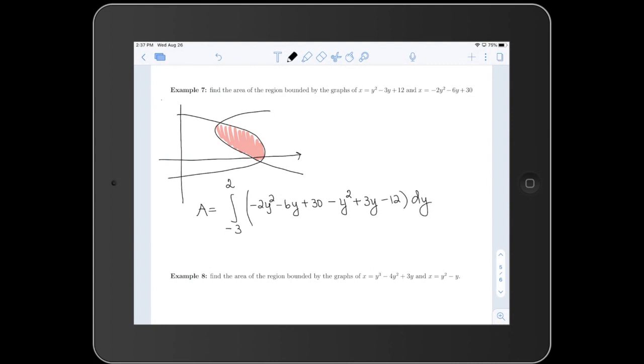We have to simplify this first. So the integral from -3 to 2, combine like terms, we get -3y squared minus 3y and plus 18. Is that right?